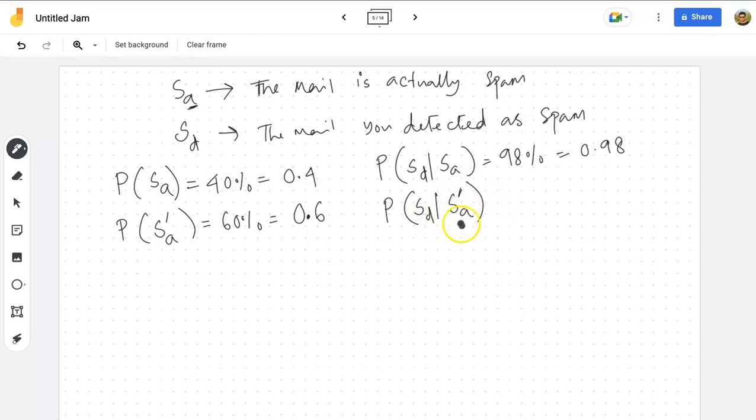I hope you understand the notation. So given the mail is actually not spam, where SA is actually spam and SA dash is not spam, and you are detecting it as spam, which is 3%, which is 0.03. So all these things are given.